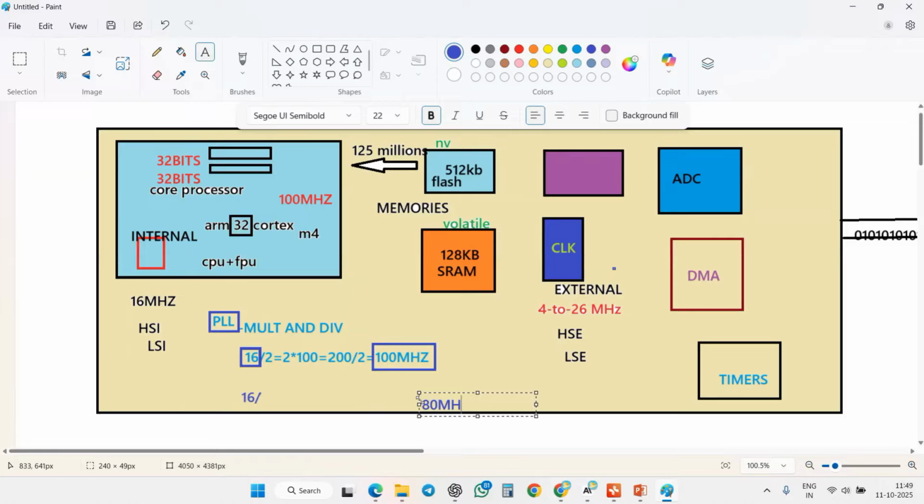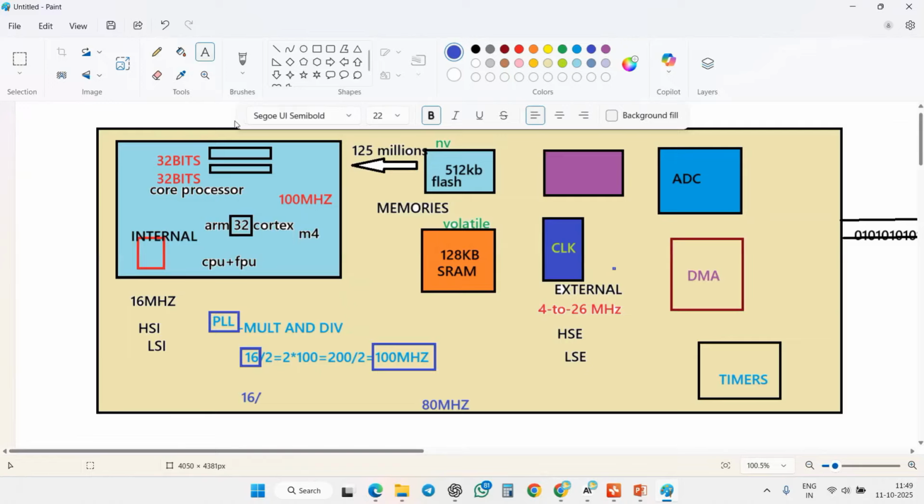To get this 80 megahertz, it multiplies and divides the value, using these dividing and multiplying parameters. That is called a PLL, phase lock loop.